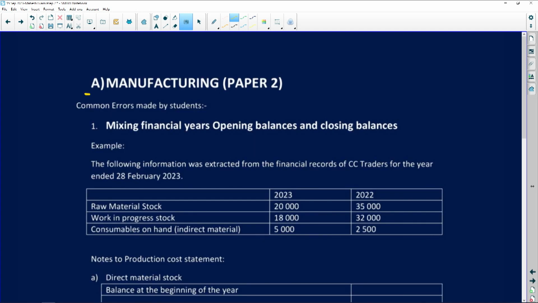So I'm going to begin by looking at manufacturing and some of the common errors that are made. The first common error, and again, it might be a repetition, but this is important. When you are attempting a question on manufacturing, the common questions asked, as you would have noticed while practicing from your past papers, are the production cost statement together with certain notes.